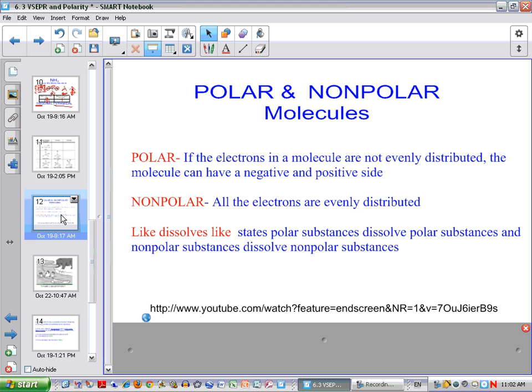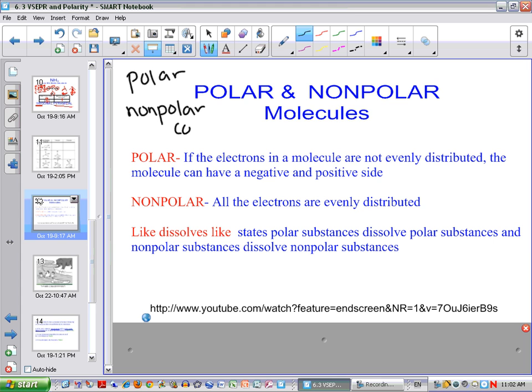Polar versus nonpolar molecules. Now before we do this, let me preface with saying that before this moment, we talked about polar and nonpolar covalent bonds. When I'm talking about a covalent bond, I am talking about the electrons being shared between 2 elements. So here are my electrons being shared.